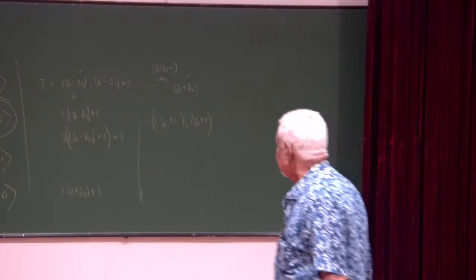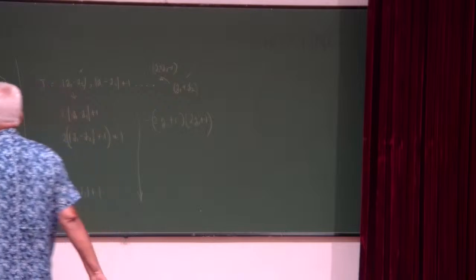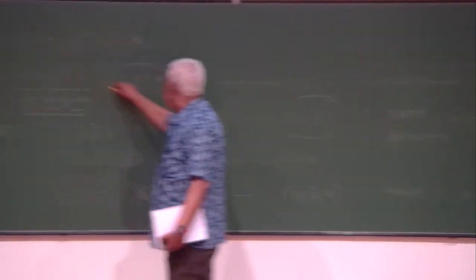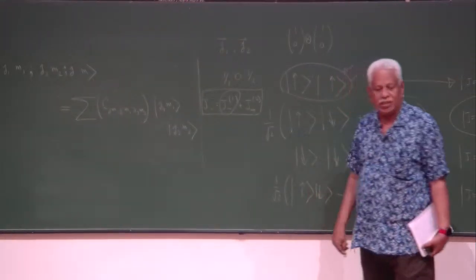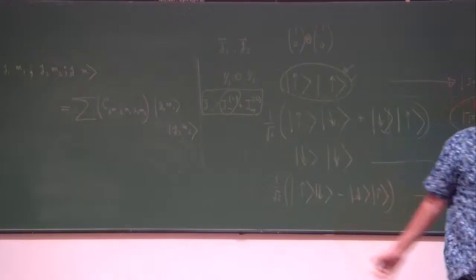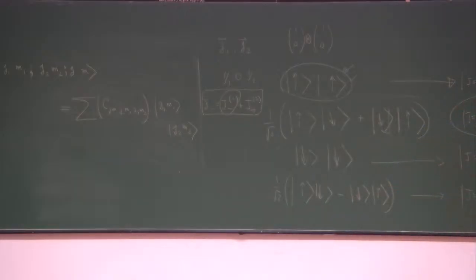For that, this particular state would otherwise be a product of the two states, one here and one there, and then it automatically becomes different Hilbert spaces. Okay? There is no link between them. This can be up and that can be down, various combinations, because it's all ensemble.